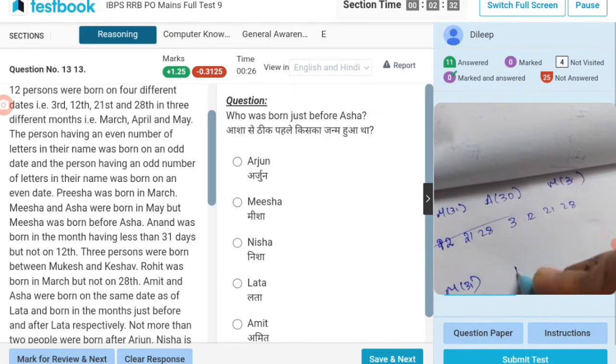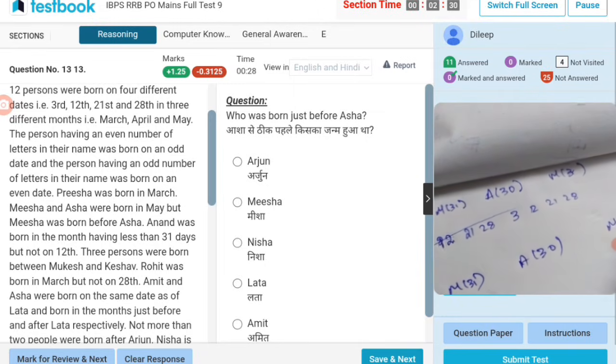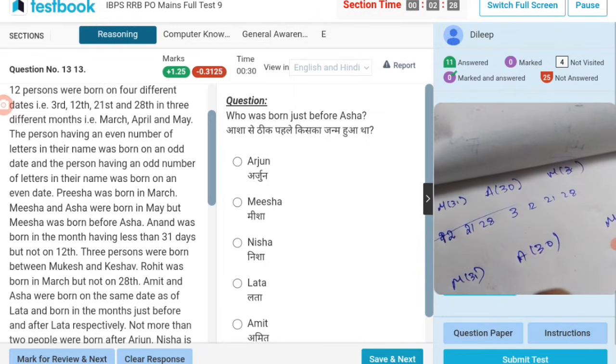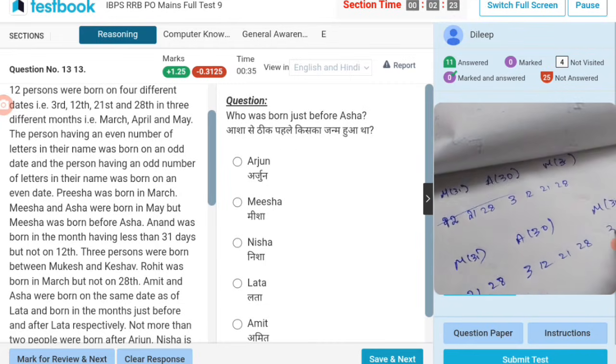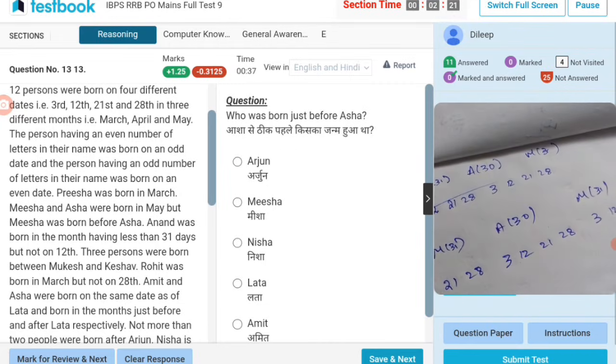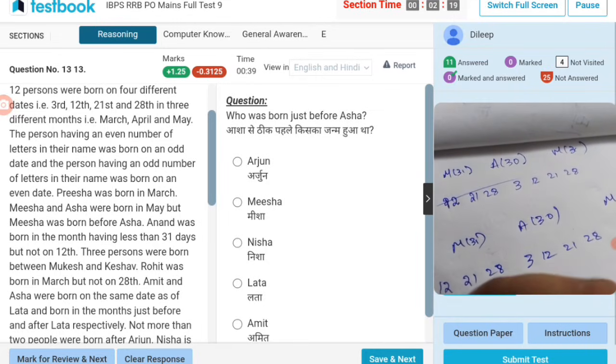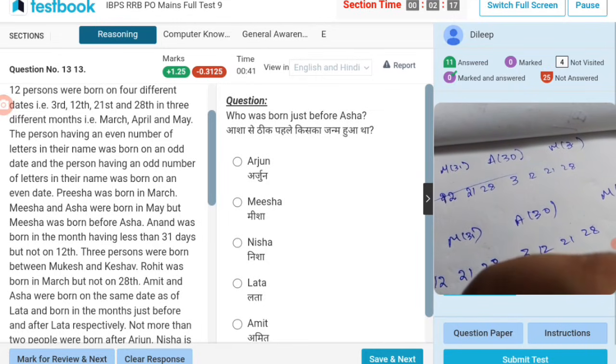March, April, May. Even the persons having even number of letters in name, odd number date.